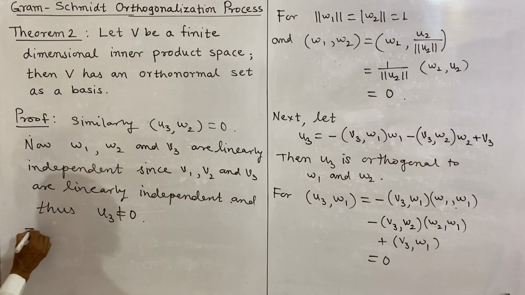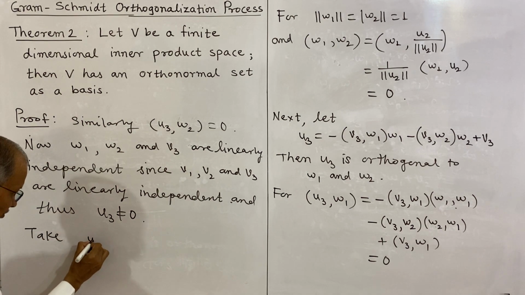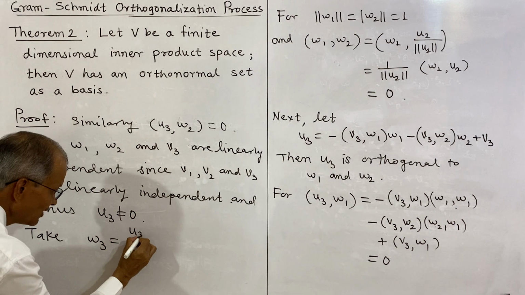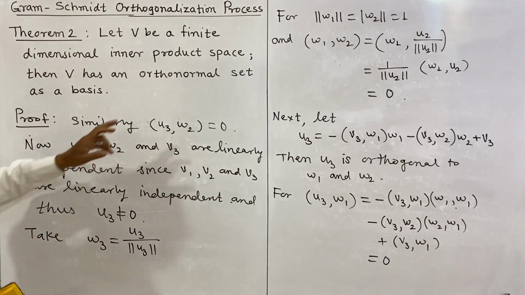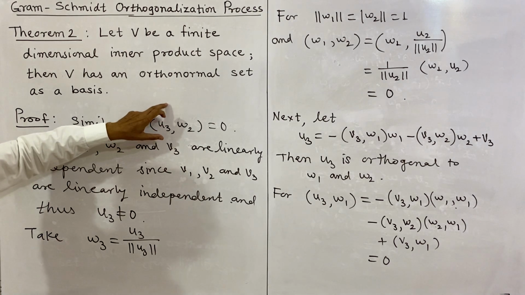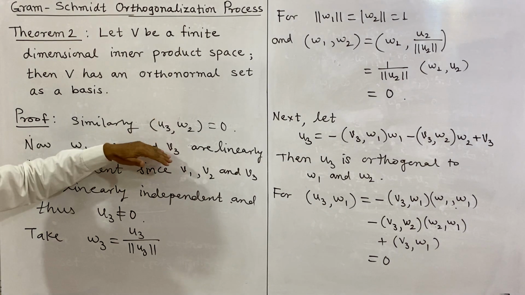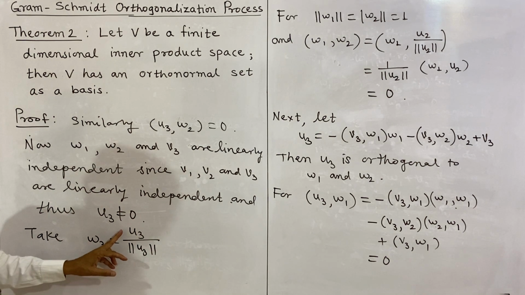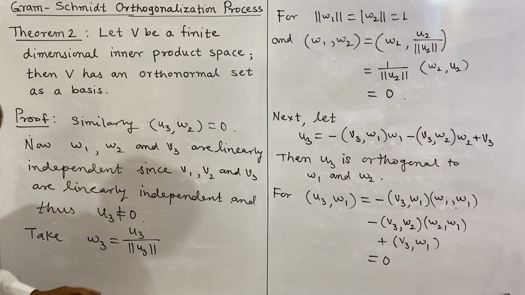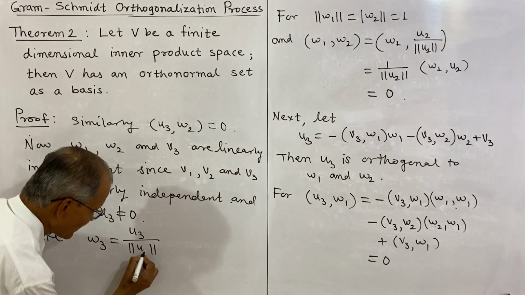So take W3 as U3 divided by norm of U3. First we have taken W1 as V1 divided by norm of V1, W2 as U2 divided by norm U2, and now we have taken W3 equal to U3 divided by norm of U3.